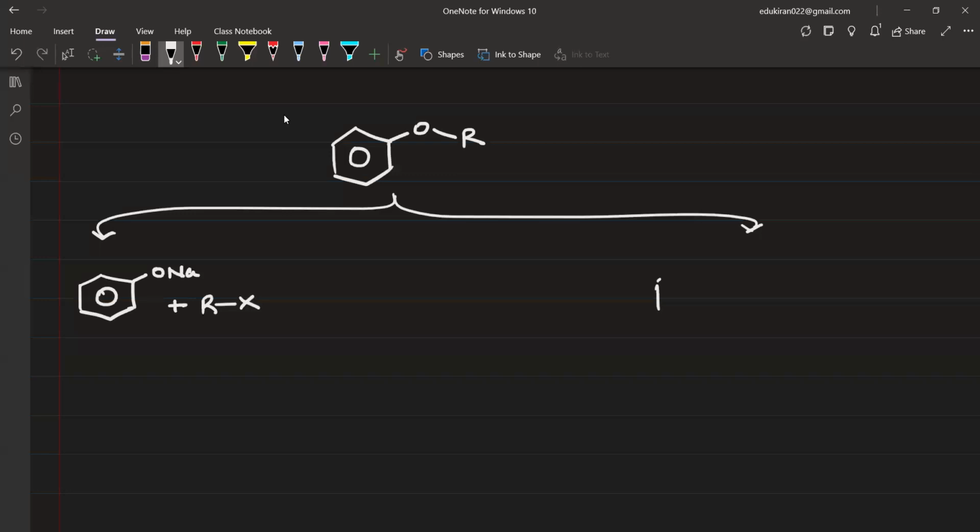Another possibility is that I can use haloarene, and RONa. Now, please see what should happen in both cases. In both cases, as you can see in the previous cases also, this bond is broken. So here this bond will break, and in this case, this bond should be broken.